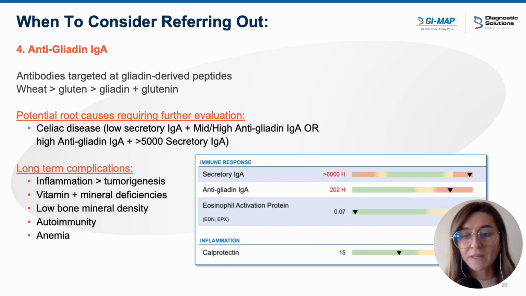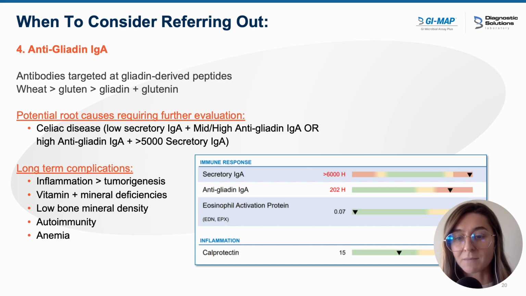And finally, we would consider referral out for elevated anti-gliadin IgA. These are antibodies that are targeted at gliadin-derived peptides. I'm not going to go into too much detail here about what exactly anti-gliadin IgA is.